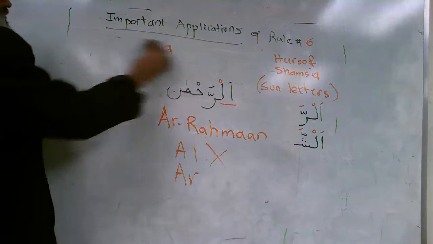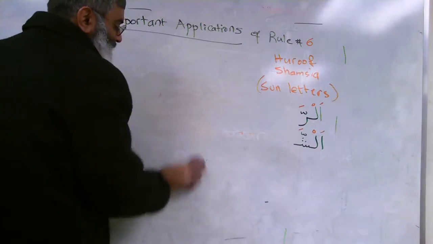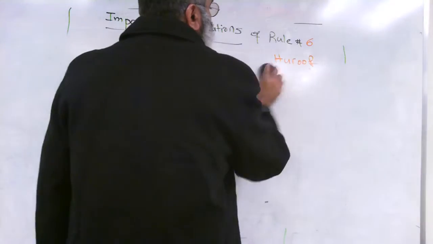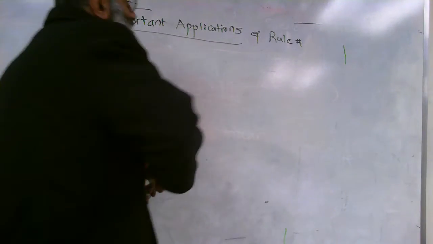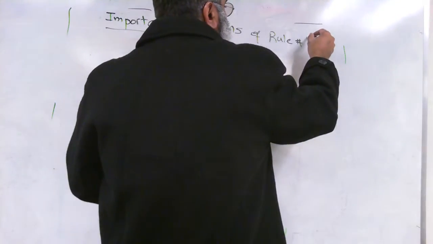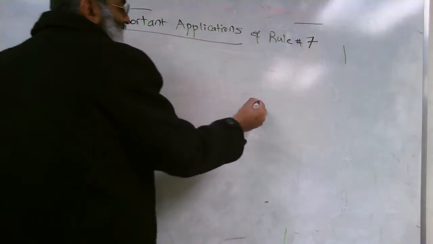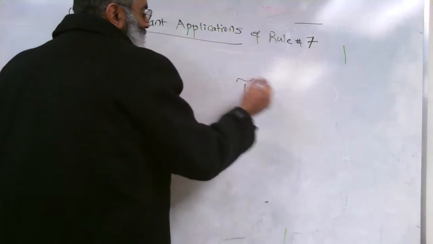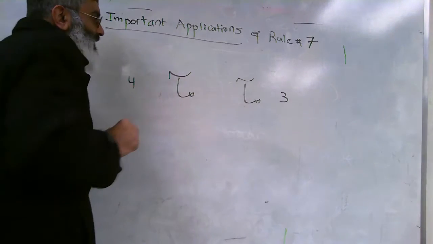Now, let's go to the important application of rule number 7. Rule number 7 is the rule of Maddah. And we learned that if you put this symbol, then it should be 3 long. If you put this symbol, it should be 4 long.